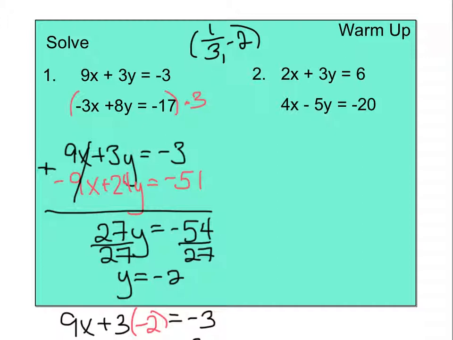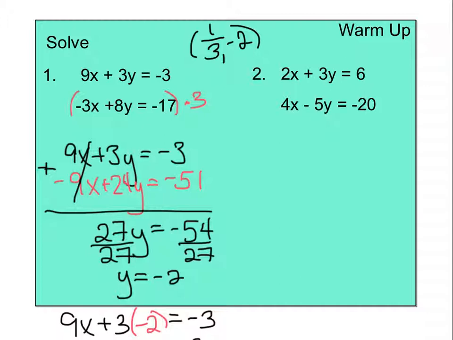Number 2, again, we're looking for a pair of opposites. Well, we have a couple of choices here. I could make my x's match by only multiplying one line, but since they're both positive, I would have to multiply by a negative. The y's are already opposites, but to make a 3 and a 5y match, I would have to multiply both equations by a number.